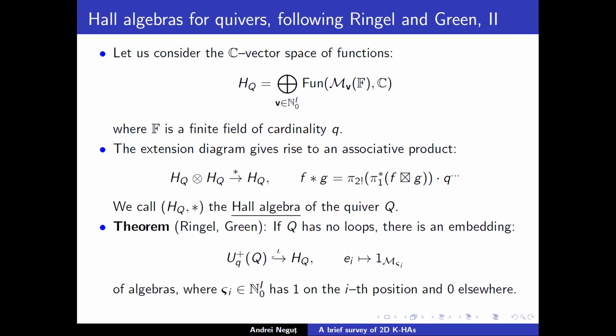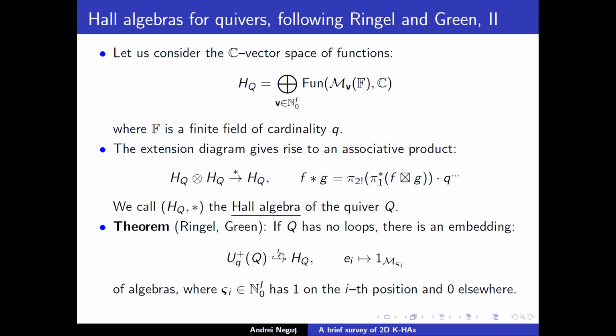There's a single isomorphism class of representation which has one dimension at the vertex I and 0 dimensions everywhere else. And I'm just saying here, EI has to go to the indicator function of this one point set.